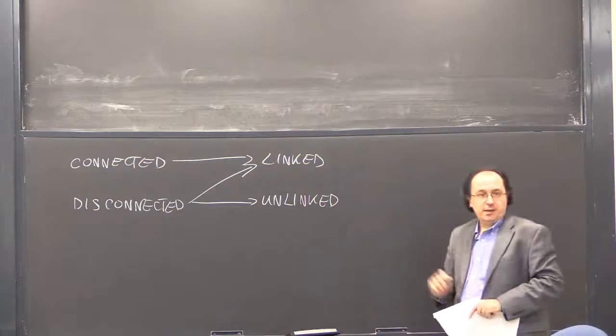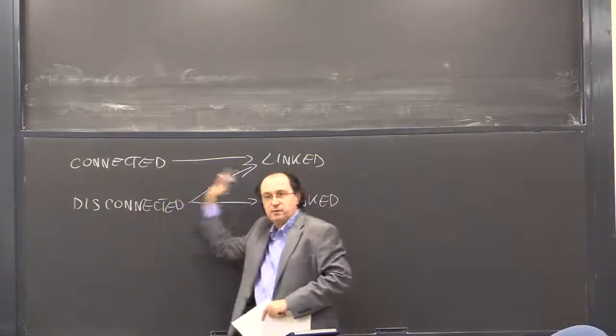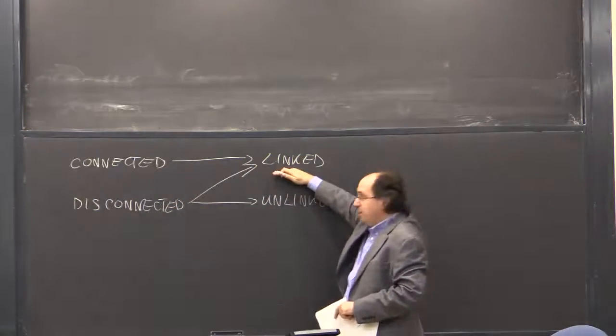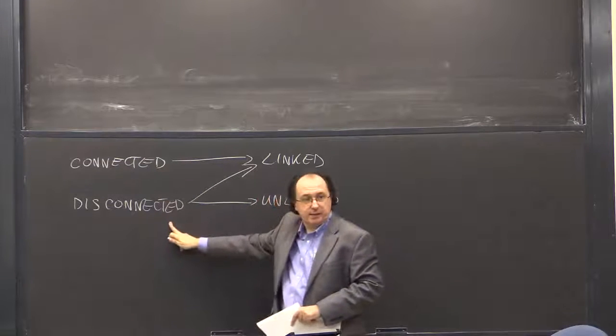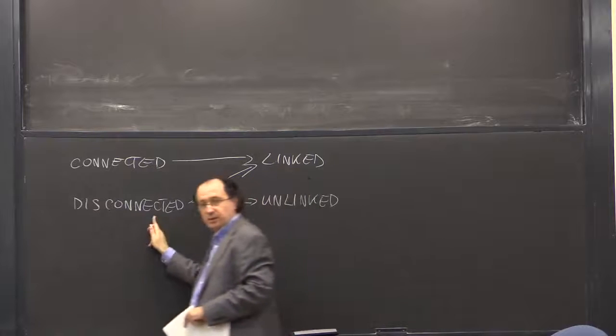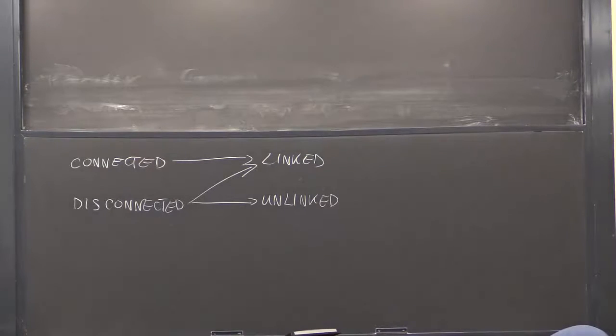It is good to look at it in this way because you can also read it backwards, in reverse. If you have a linked diagram, it can be connected or disconnected. But an unlinked diagram is always disconnected. So that's how these relationships go. Please remember that. Then let's go back to our third order considerations.